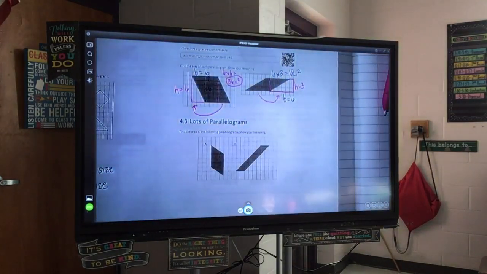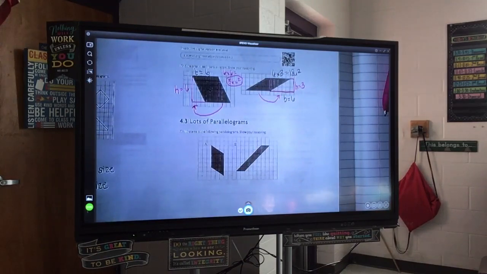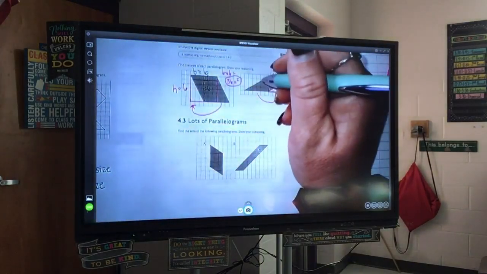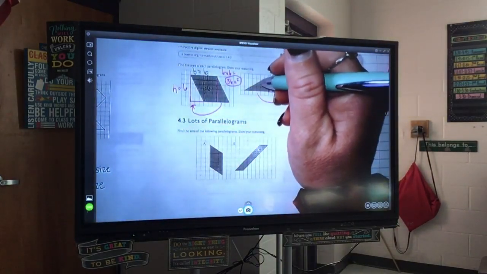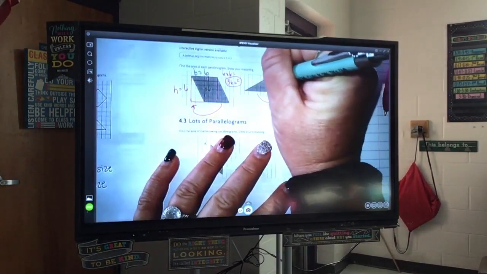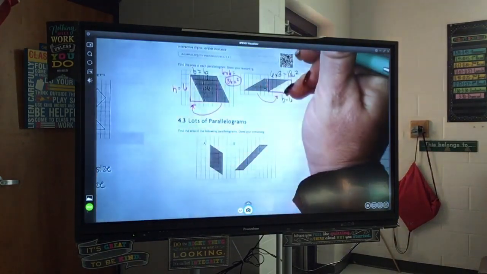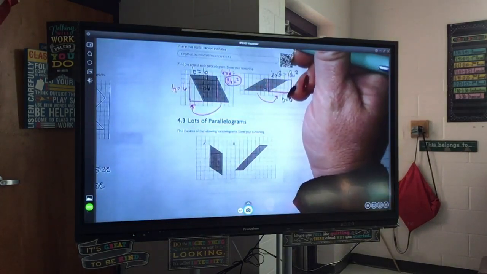For me, this is one where using the formula might be a little bit easier, just because this is not a super nice parallelogram. And if you did that, this is where you can identify the height in the middle of those two. So you could do 1, 2, 3, make a little height indicator.